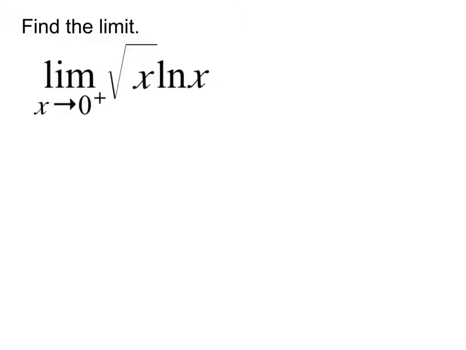Before we get rolling, I do want to point out, if I plug 0 into this and see what each of these two functions approaches from the right-hand side at 0, notice the square root of x is approaching 0 from the right-hand side. The natural log of x is approaching negative infinity. And so that's why we have to use some other method here, because this is one of those indeterminate products.